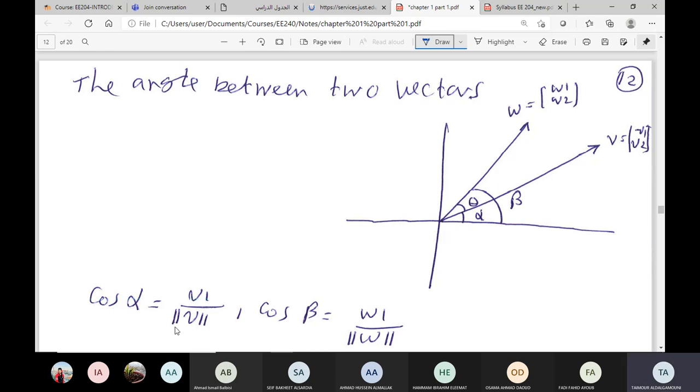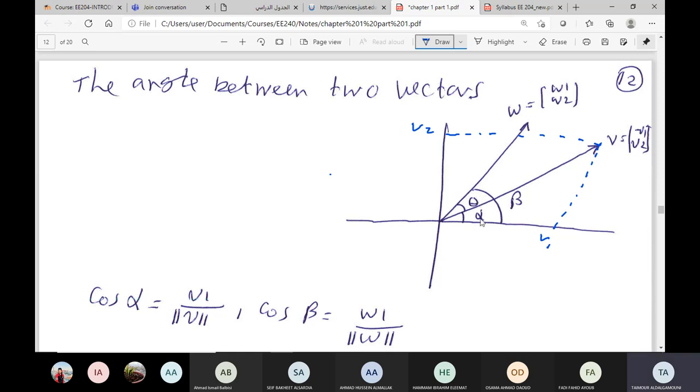Okay, so cosine alpha is V1 divided by the norm of V. Since this is V, this is V1 and this is V2. So the cosine is V1 divided by the norm of V, okay?